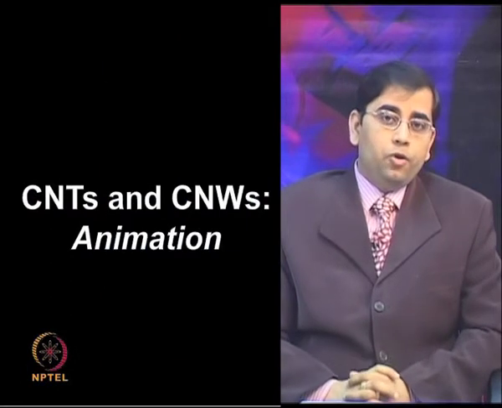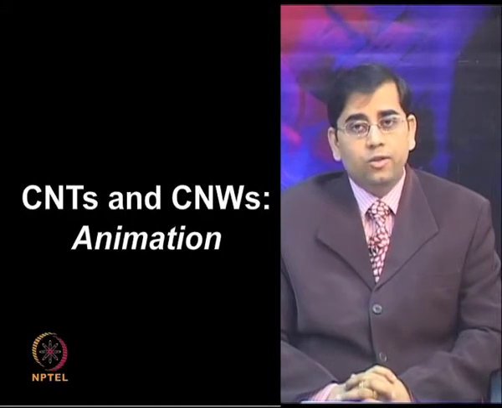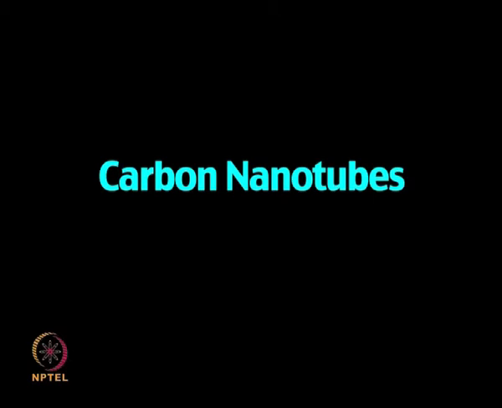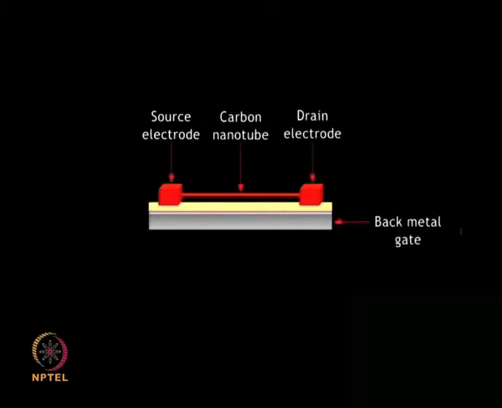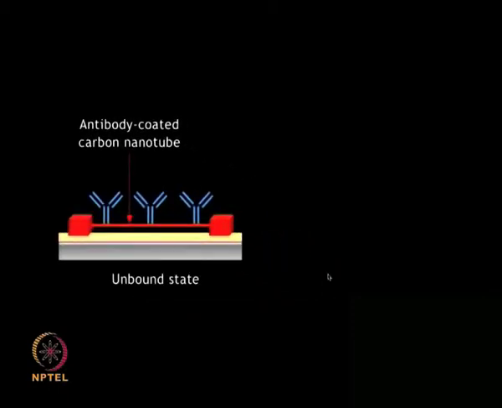To demonstrate the principle of using carbon nanotubes and nanowires, now let us look at this animation. Carbon nanotubes. The carbon nanotubes are hollow cylindrical graphite sheets that exhibit very high levels of chemical and mechanical stability. As you have seen here, there is a drain electrode, source electrode, and on top of the carbon nanotube, the antibodies are functionalized.